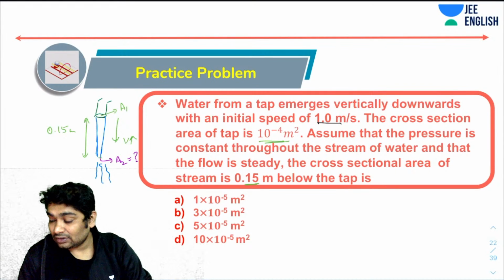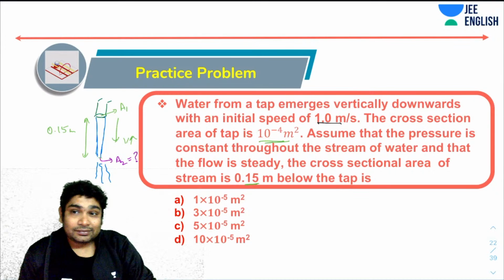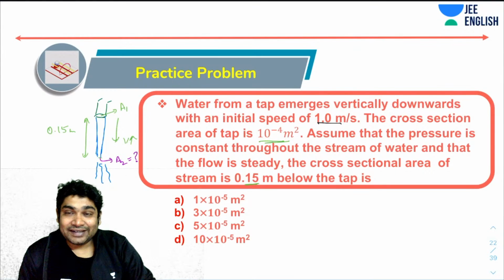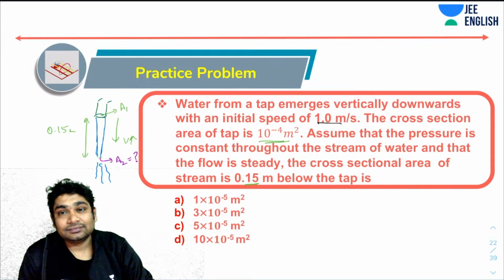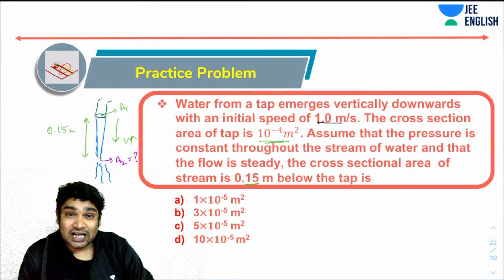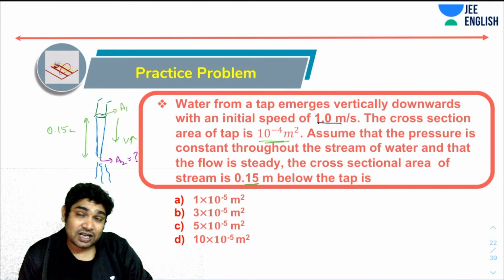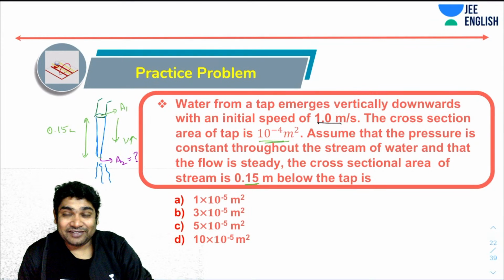All right, people, let's see if you guys can figure this one out. The initial speed has been told to you, the initial area of cross section has been told to you. If you can find the final speed, realize you can find the final area of cross section.